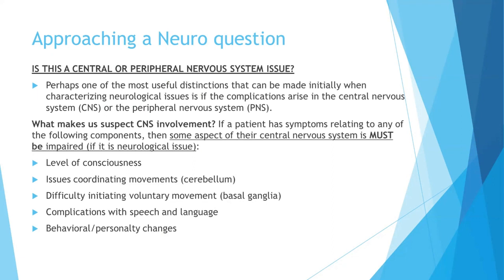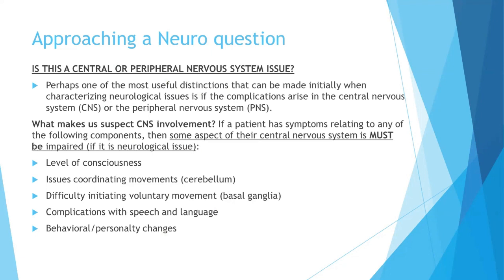So what makes us suspect the CNS involvement? If a patient has symptoms relating to any of the following components, then some aspect of the central nervous system must be impaired: decreased level of consciousness; issues coordinating movements, like if there is some lesion in the cerebellum; difficulty initiating voluntary movement, like for example basal ganglia; complications with speech and language; behavioral and personality changes.